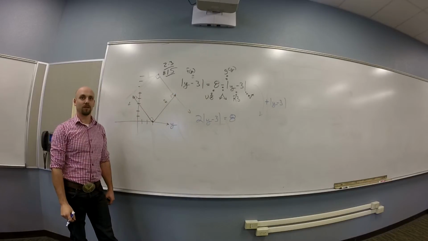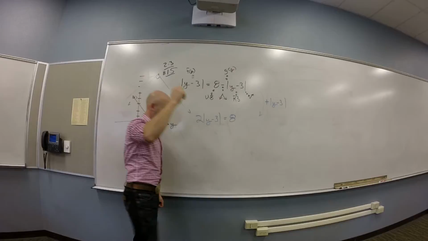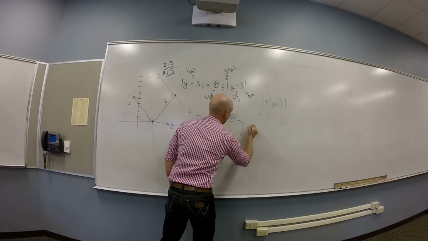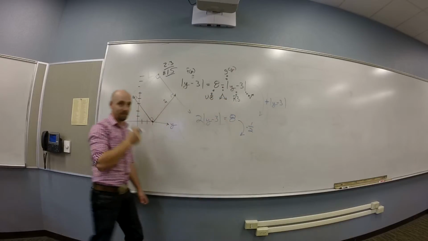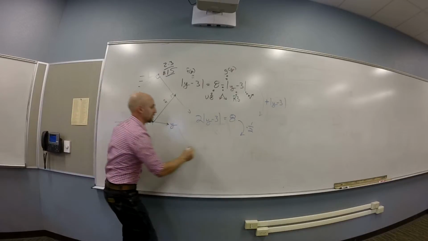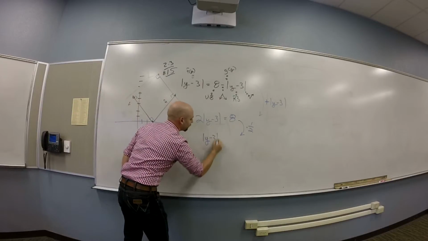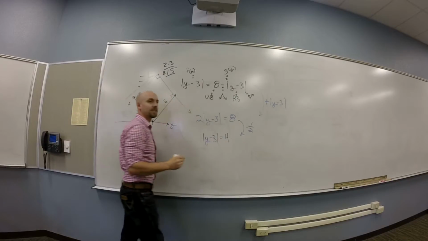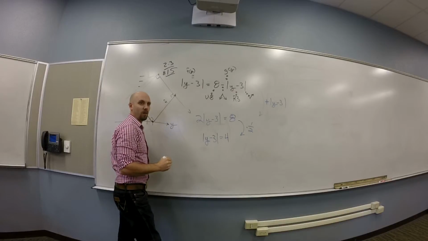Divide everything by 2, and you get the absolute value of y minus 3 is 4.